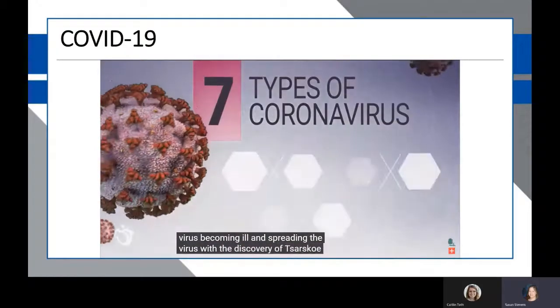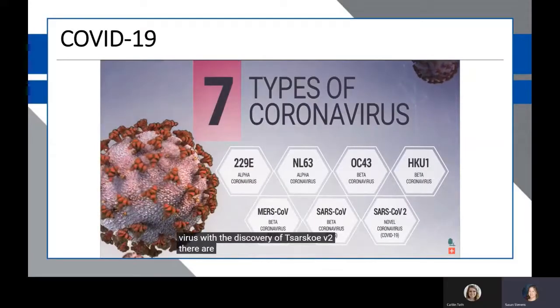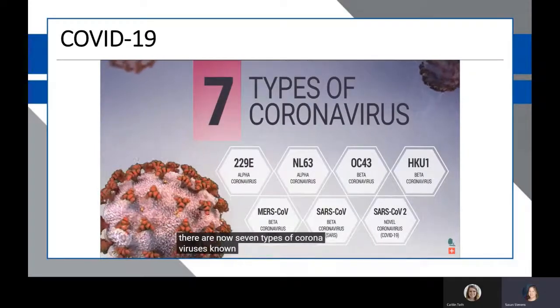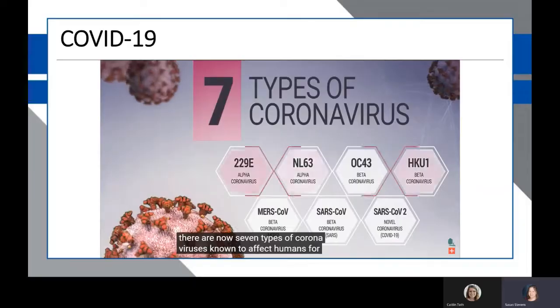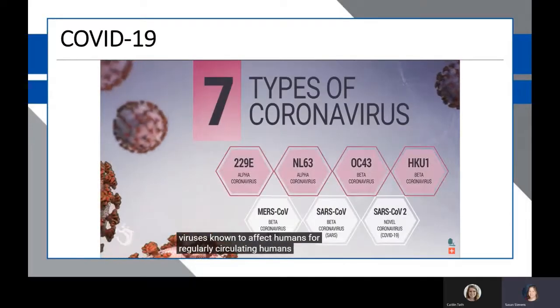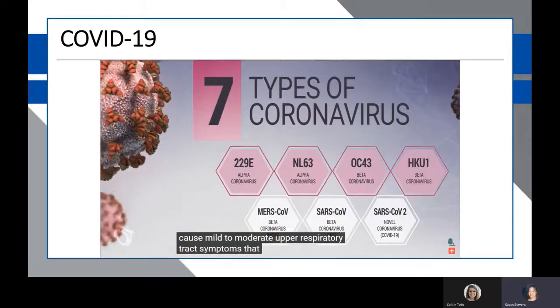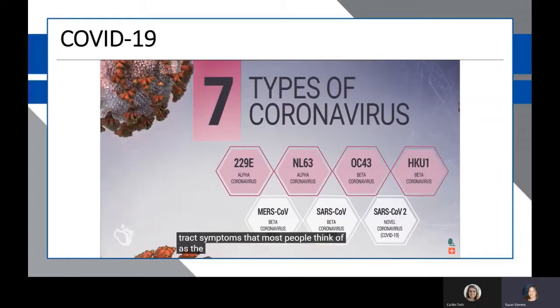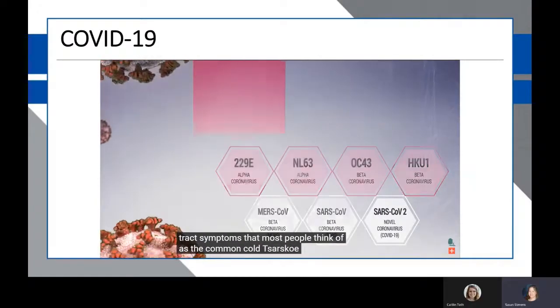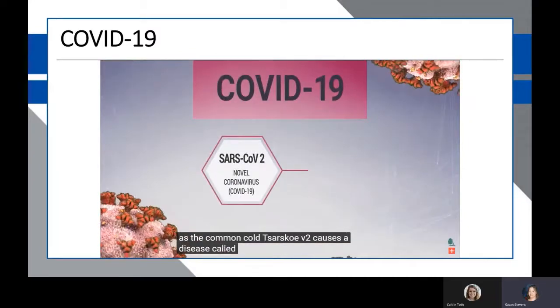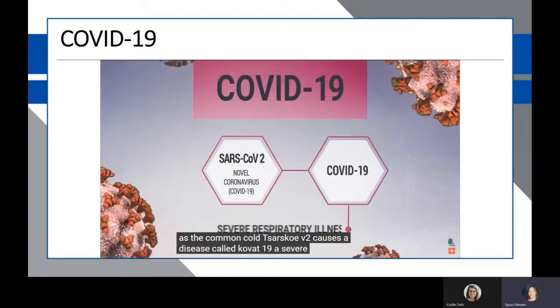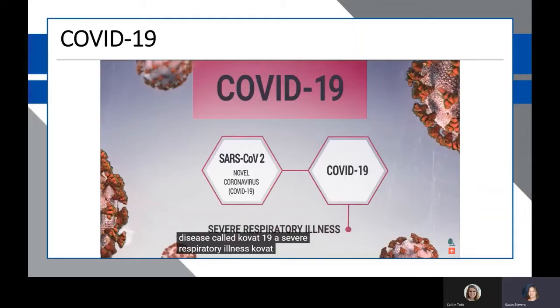With the discovery of SARS-CoV-2, there are now 7 types of coronaviruses known to affect humans. 4 regularly circulate in humans and mostly cause mild to moderate upper respiratory tract symptoms that most people think of as the common cold. SARS-CoV-2 causes a disease called COVID-19, a severe respiratory illness.